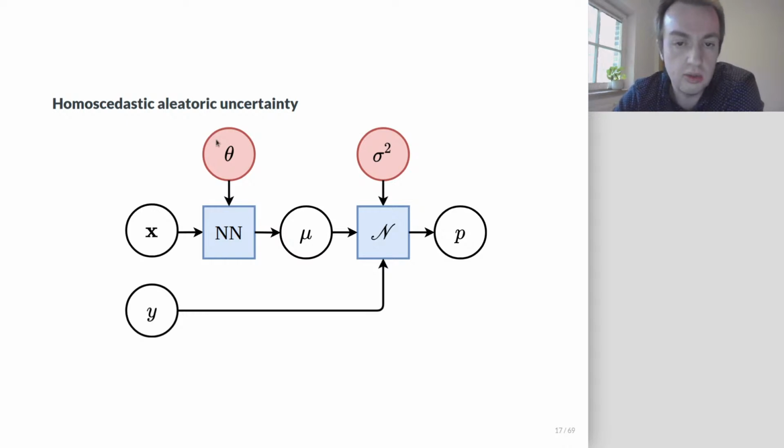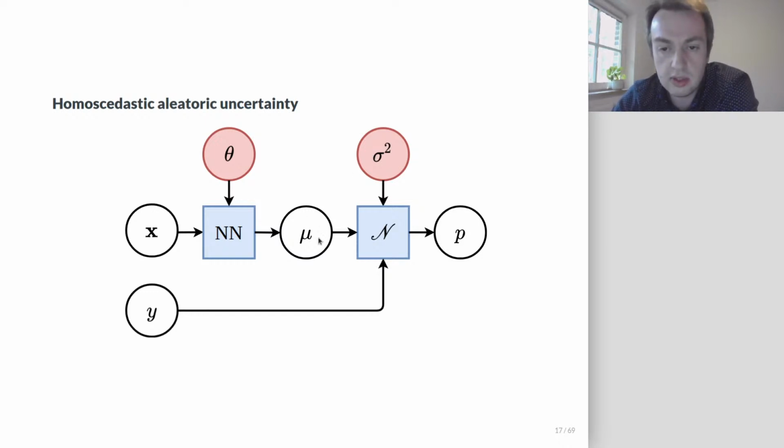Then this neural network would come with some parameters, theta, but we would architect this neural network to produce as output a value, in this case, for example, a scalar value, mu, and we would use this mu value to parameterize a normal distribution, and would say that the output of the neural network is the mean of this normal distribution. And the variance of this normal distribution is specified by this parameter sigma squared that I would have to learn as well.